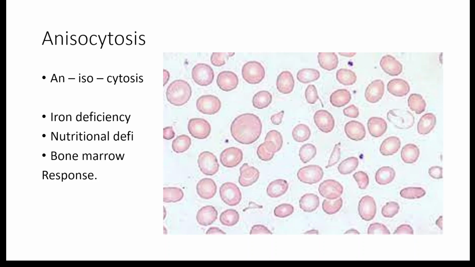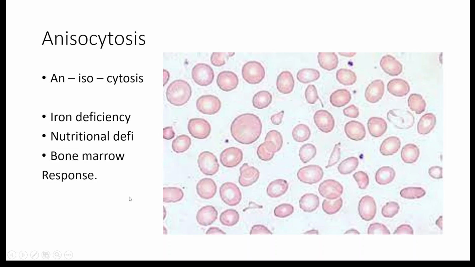Anisocytosis would be seen in iron deficiency anemia. In iron deficiency anemia, apart from the size, the shape of the RBCs also varies, which I'll come to subsequently. Anisocytosis is another feature of nutritional deficiency anemia. In megaloblastic anemia, you get macrocytes and variation in shapes and sizes.